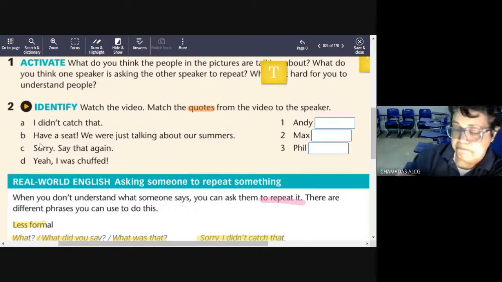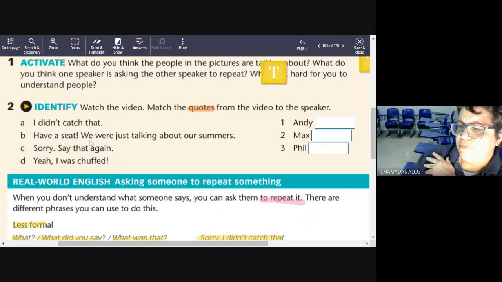Letter B, have a seat. We were just talking about our summers. Who said that? Letter C, sorry. Say that again. And finally, letter D, yeah, I was chuffed. What is that, people?